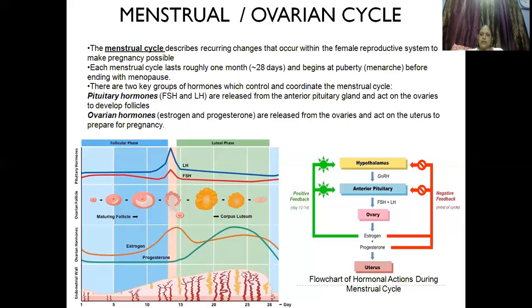So you need to understand this is a continuous process till she ends up with menopause by the age of 45 to 55 years. Now that also varies from individual to individual. Okay, so you need to understand this.